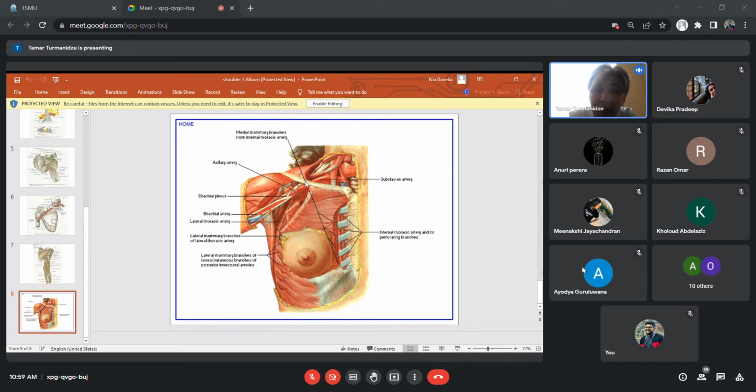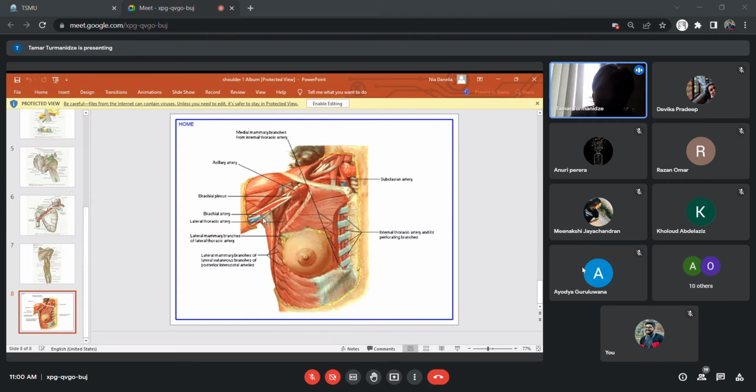Clavipectoral triangle boundaries will be superiorly the clavicle. Inferiorly, it will be bounded by the superior border of the pectoralis minor muscle. The pectoral triangle corresponds to the location of the pectoralis minor muscle, so its boundaries will be the upper border and the lower border of the pectoralis minor muscle.